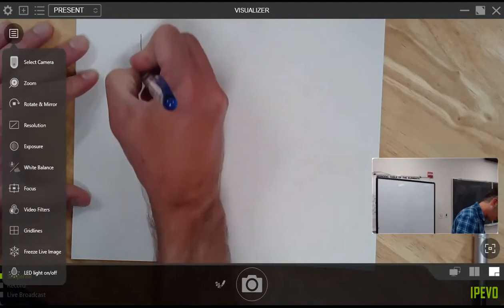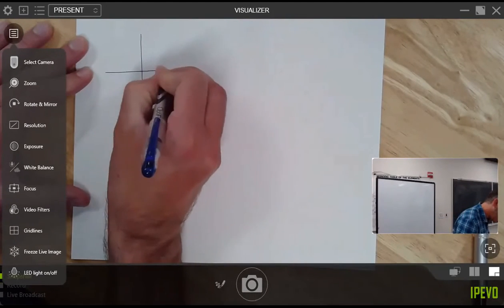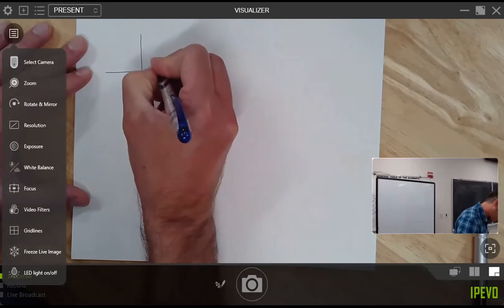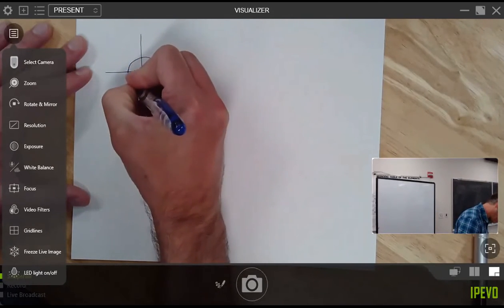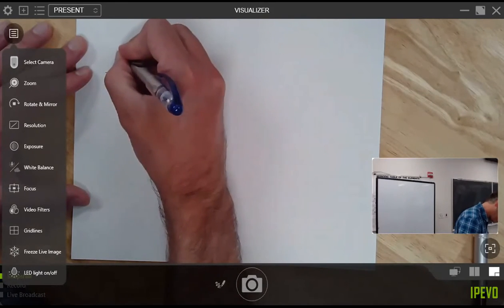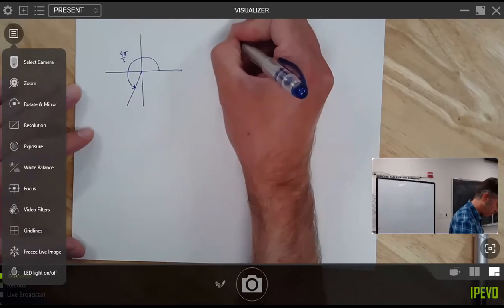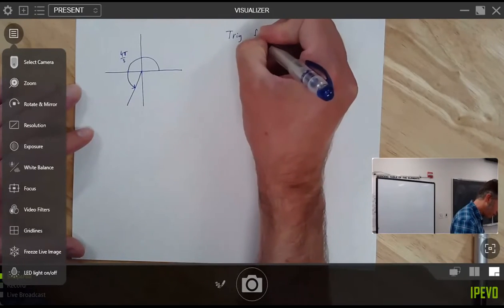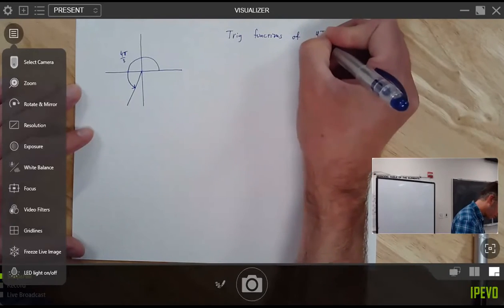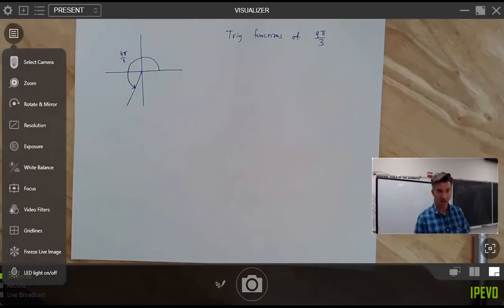Let's try one more time. Really, I should just draw where I know I'm going to end up. There. So there's a pi and a pi over 3. So we're doing trig functions of, so there's an angle 4 pi over 3.